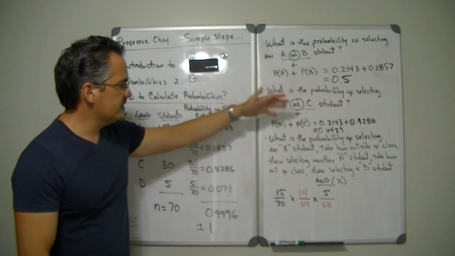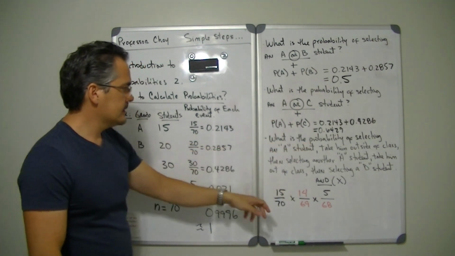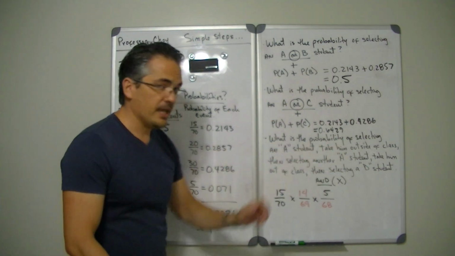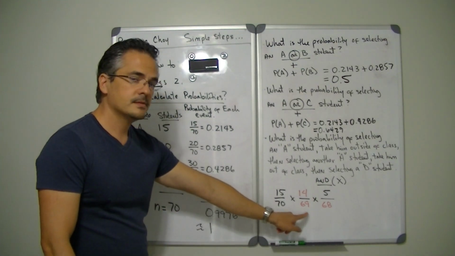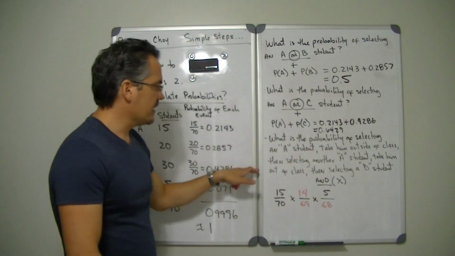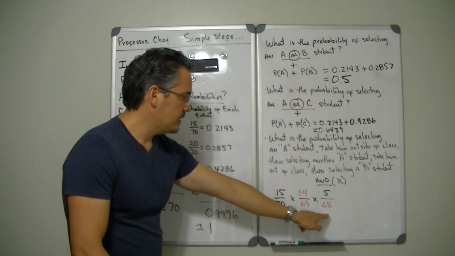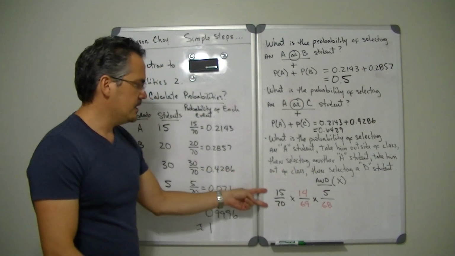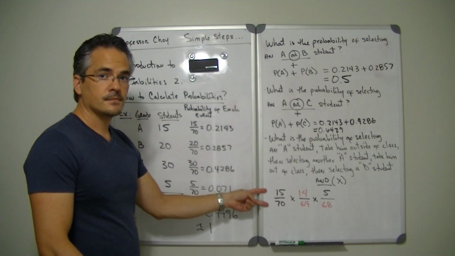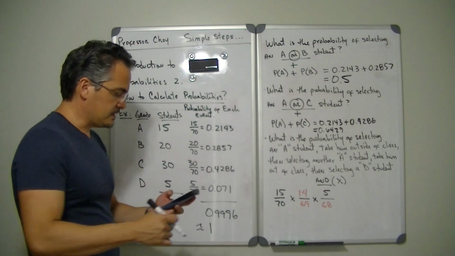What's the probability of selecting an A student, taking them out of the class, then selecting another A student? That's the probability of the second event. And then take him out of the class, and then selecting a D student. There. The probability of all of that put together is what you see there. You got to solve it. Okay? So, let's solve that one.